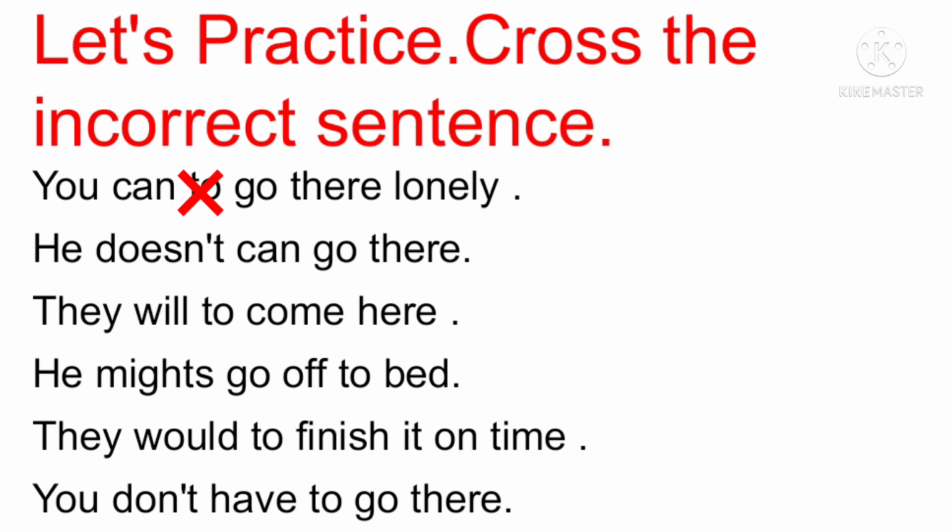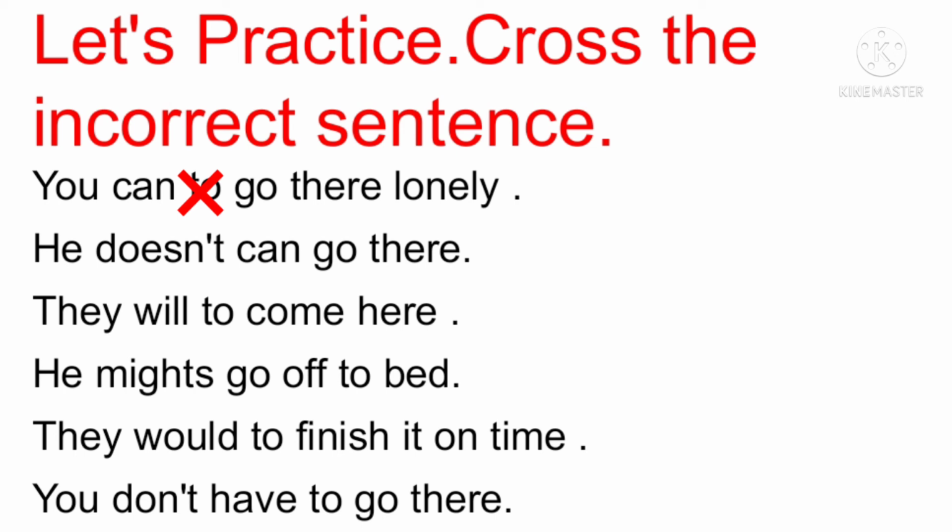Next one: "He doesn't can go there." First of all, see what the modal in this sentence is. It is "can." Now according to the three basic rules I just explained, what error is there? We can't use any extra word in modal sentences, like the negative words.